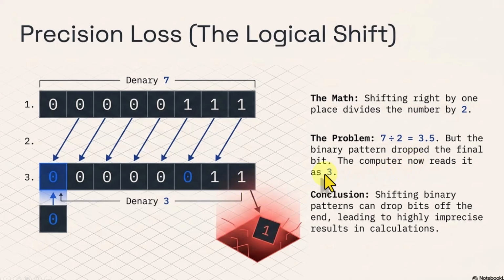So we will have 3, and that 0.5 will be lost. Shifting binary patterns can drop bits off the end, leading to highly imprecise results in calculations. So if you want to be very precise about your results, shifting is not a very good method, or at least you'll have to do some extra things there.